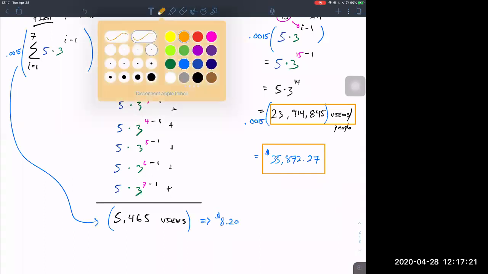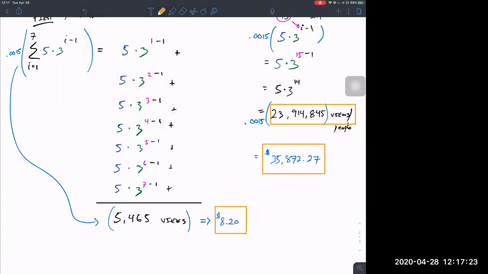And I may have said this already on Friday, but the idea is that you're supposed to realize that the difference between making $8.20 versus 35,000 here on the right is that this only represents the first 7 days. Slow growth at first. That's how all exponential growth at least works.